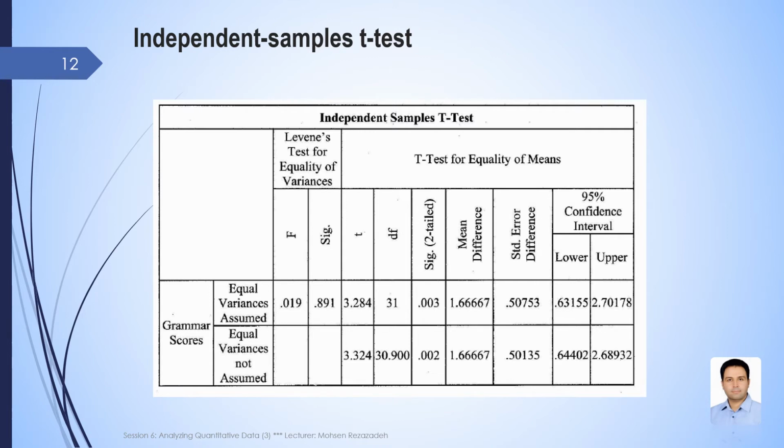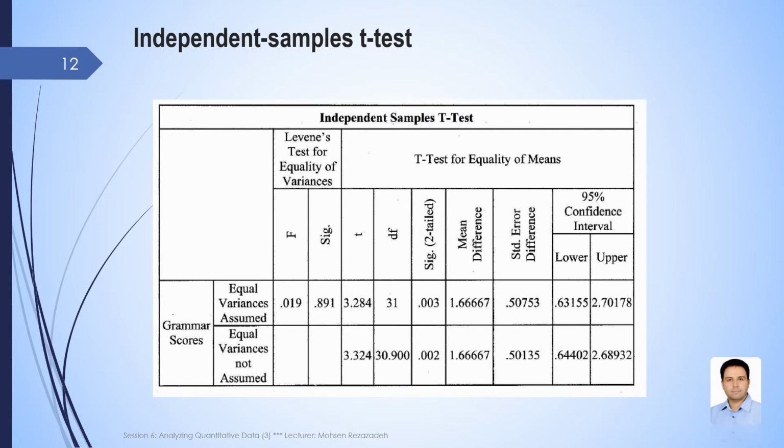If you pay attention, you can see that this table has two major parts, the columns. One is Levene's test for equality of variances, under which we have two other columns, F and Sig. This test tells us whether the data sets display equal variances or not.